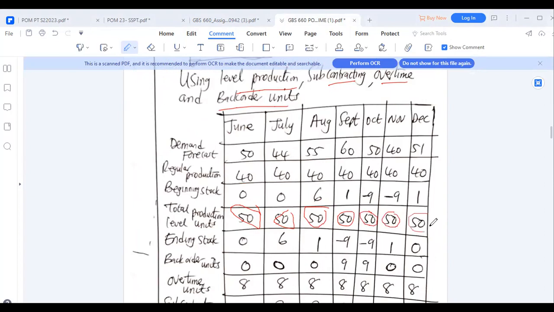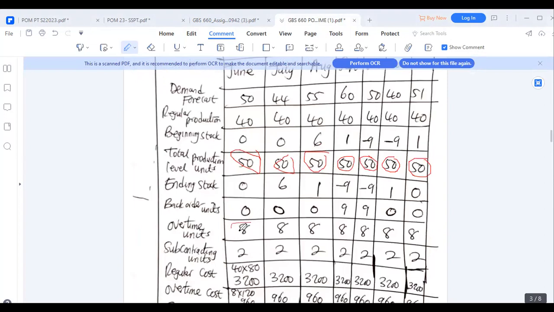Since regular production is 40 units, there are 8 units that should be overtime, and 2 units constantly should be subcontracting. This is 10 plus 40, which will give us a total production of 50 units. Why 8 units, all of them? Because it's cheaper to allow overtime, at about $120 per unit. Subcontracting is $140 per unit. So this is just about what we are saying.